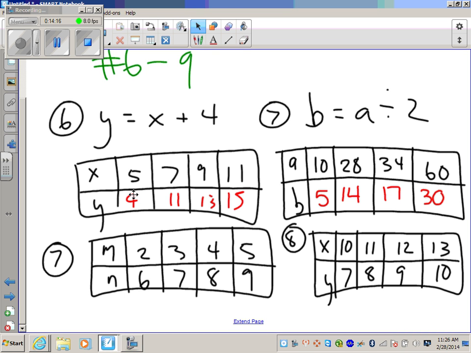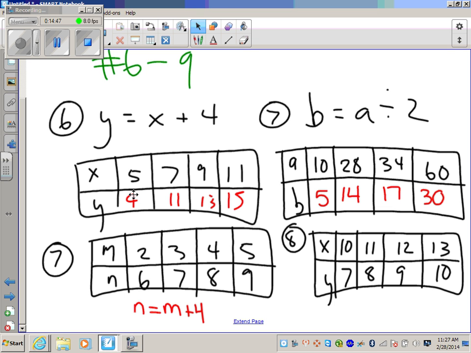Taz. Taz says that n is equal to m plus 4. Raise your hand if you are in agreement with Taz. You should be. Looks good to me.